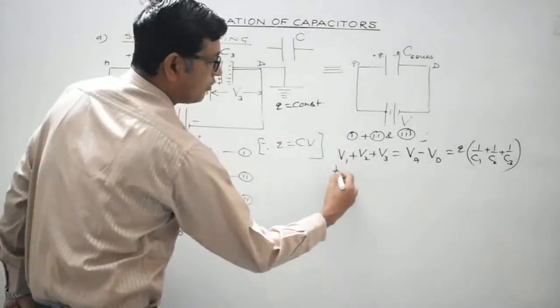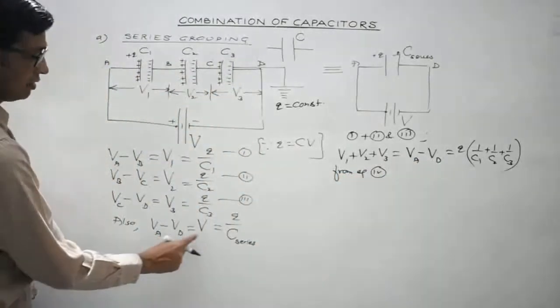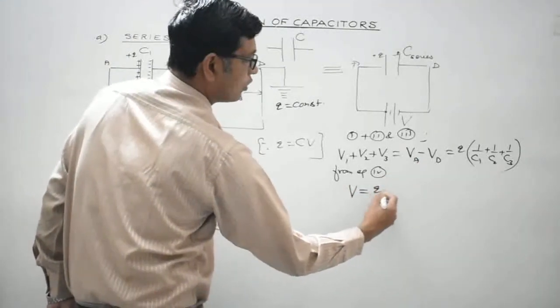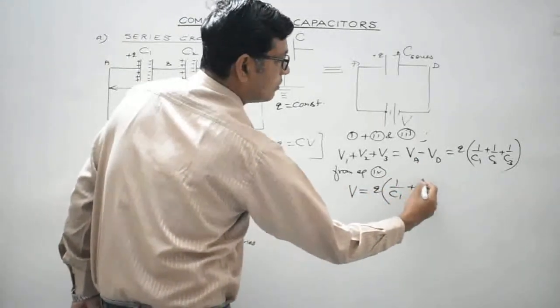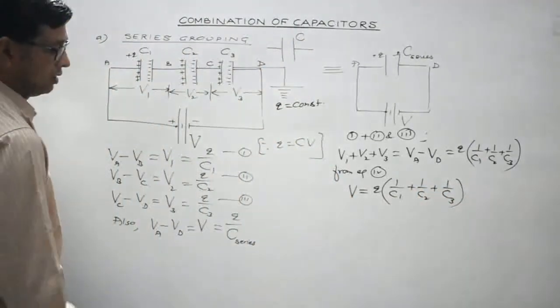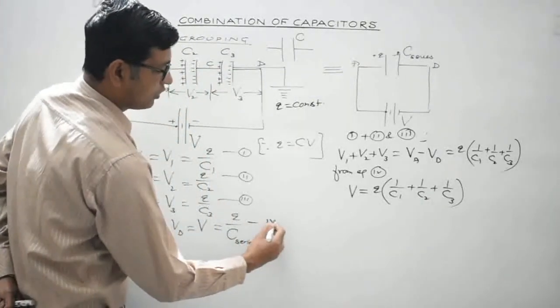Also from equation 4, VA minus VD is equal to V. So V is equal to Q times 1 by C1 plus 1 by C2 plus 1 by C3. And V is equal to Q by C series from equation 4.